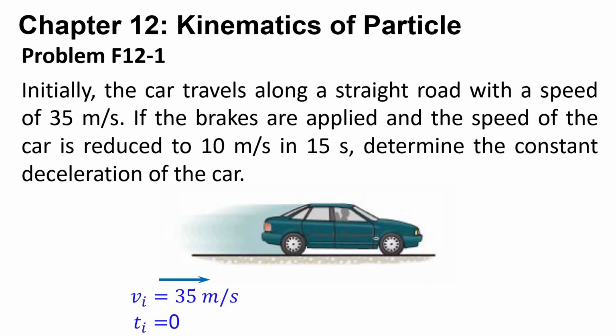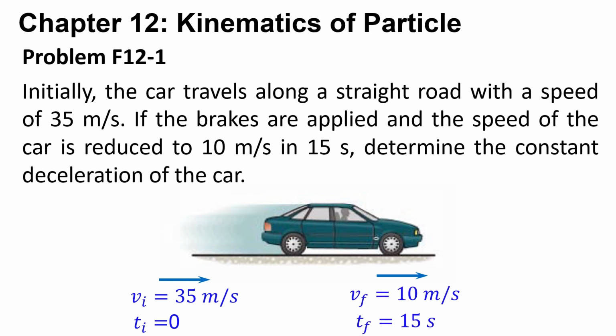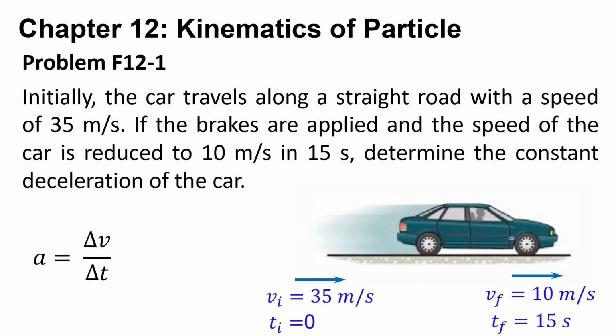Here we have a car that travels at initial speed, vi, equal to 35 meters per second at ti equal to 0. Then it slows down to travel with a final speed, vf, equal to 10 meters per second at tf equal to 15 seconds. We know that acceleration equals the change in speed divided by the change of time, or delta v divided by delta t.